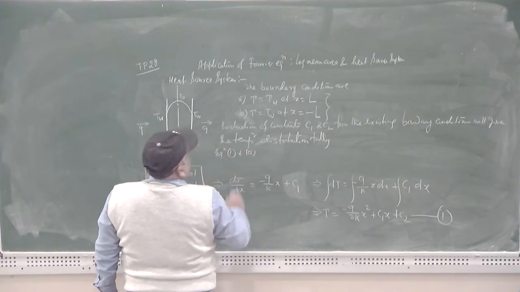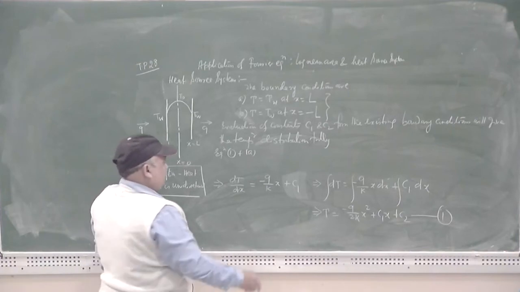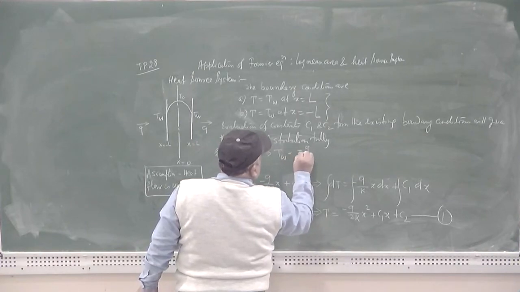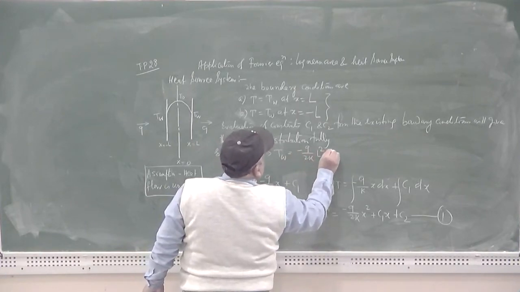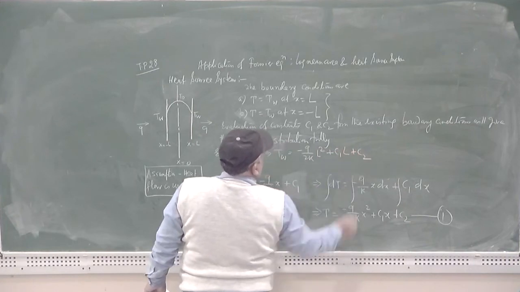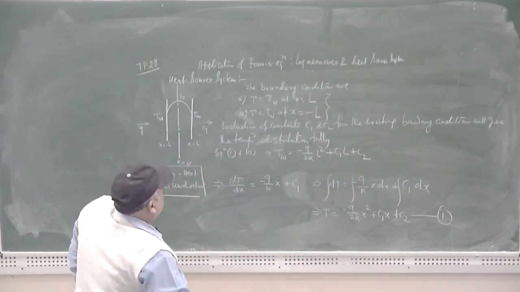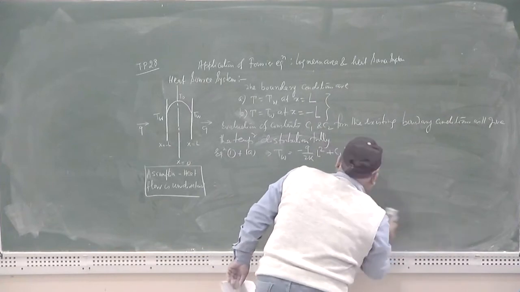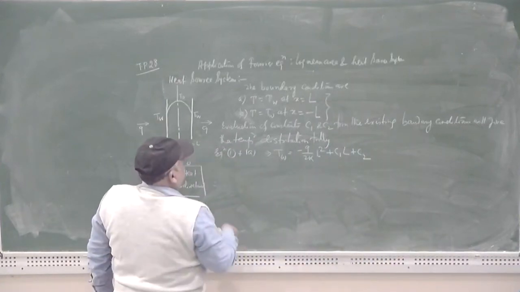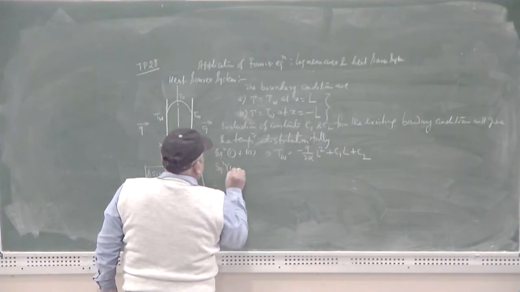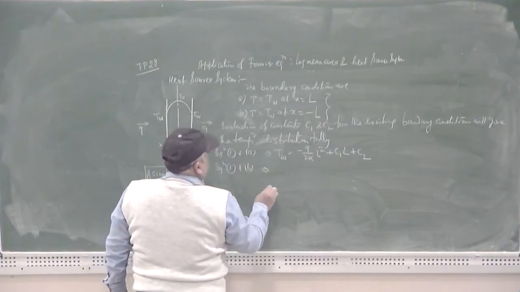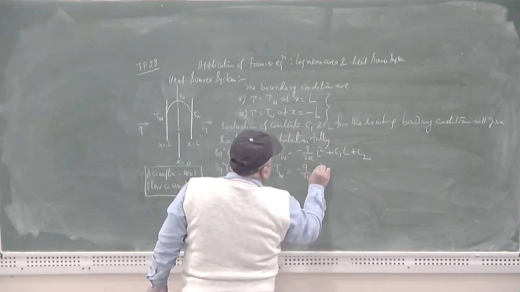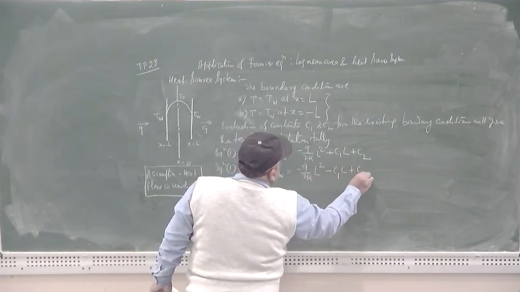Now, equation number 1 plus condition A, utilize that condition. So, we can write T is equal to TW, that is equal to minus q upon 2k L square plus C1L plus C2. And equation 1 plus condition B gives again TW equal to minus q upon 2k L square minus C1L plus C2.